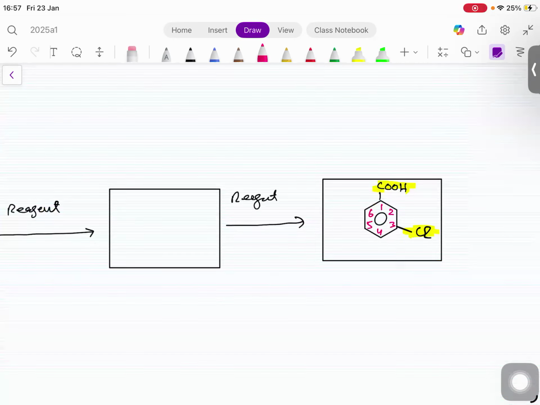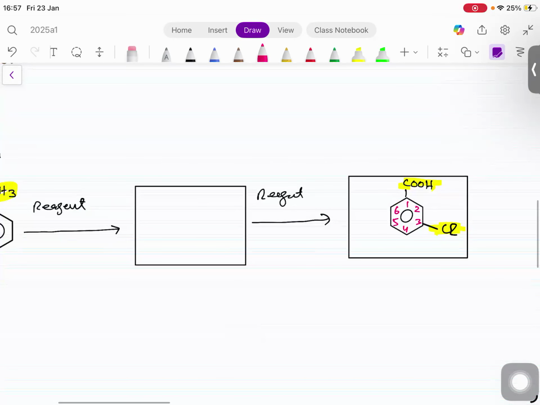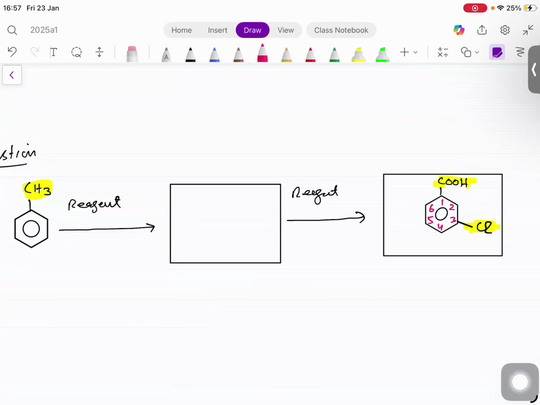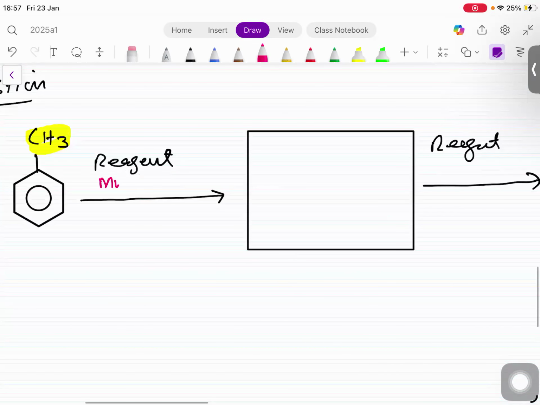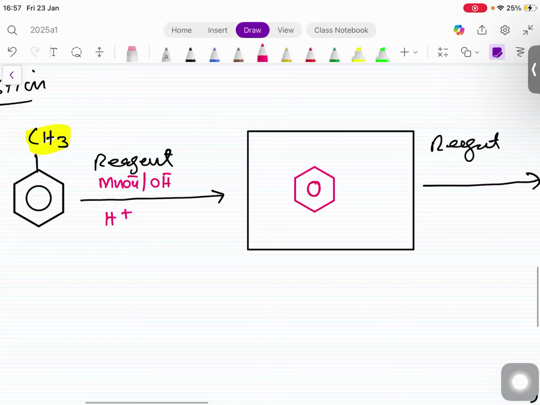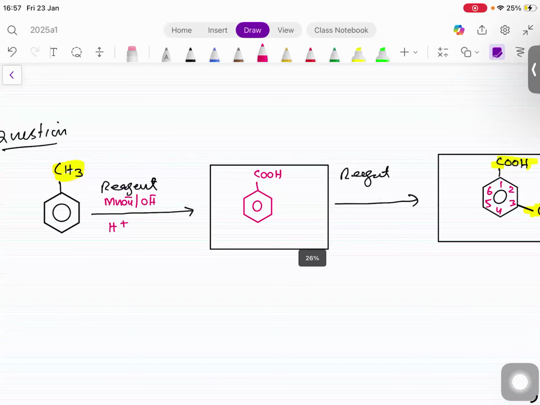So it means for the first step, I have to take the methylbenzene and oxidize it. The reagent will be MnO4 negative / OH negative followed by H positive. So can we put KMnO4 as the reagent? KMnO4 is the reagent. MnO4 negative is the short form. Now it has become benzoic acid.